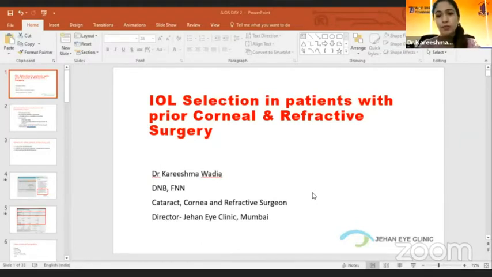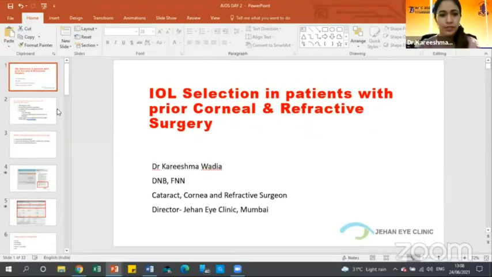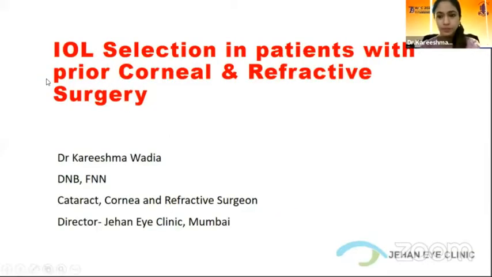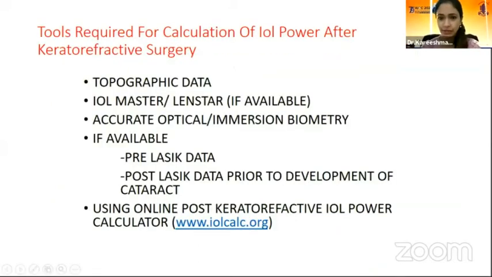After my fellowship, I worked with Tanvi, where she uses a completely different method for post-refractive IOL power calculation. So the take-home message is you have to do whatever floats your boat and whatever gives you the most predictable result. But for now, I'm going to speak on what technique I use most frequently and what has worked well in my hands. So the tools required for, can you see my slides?